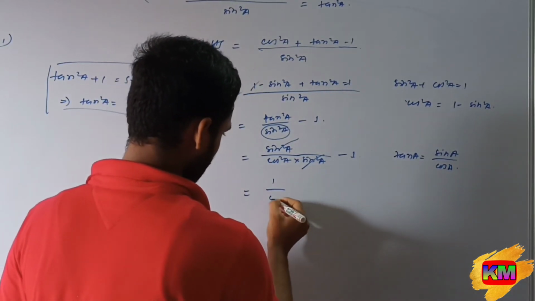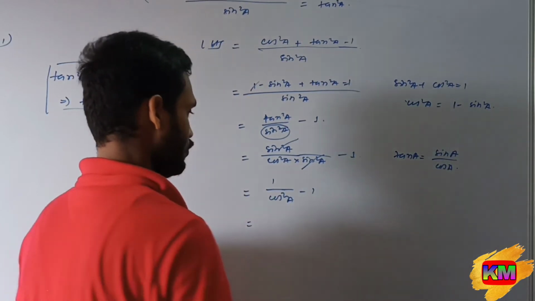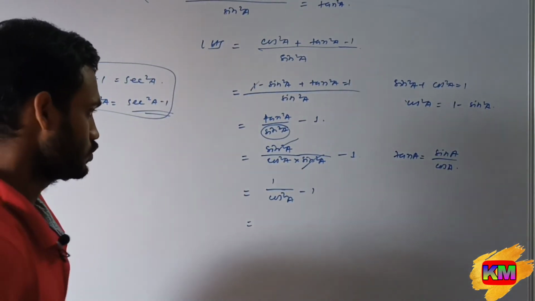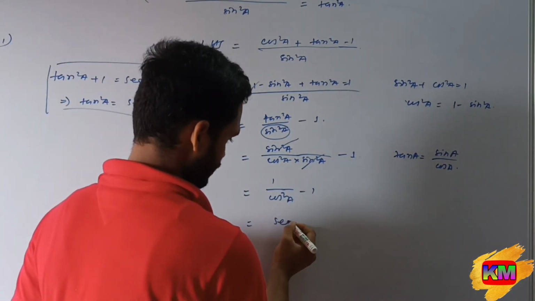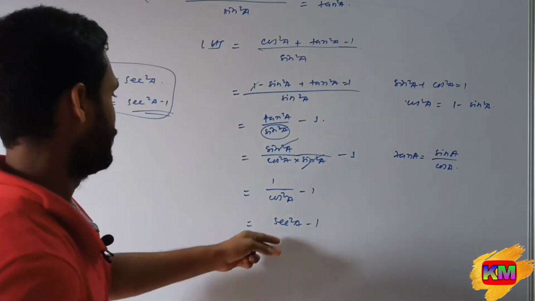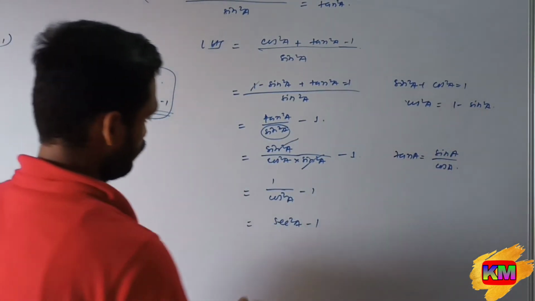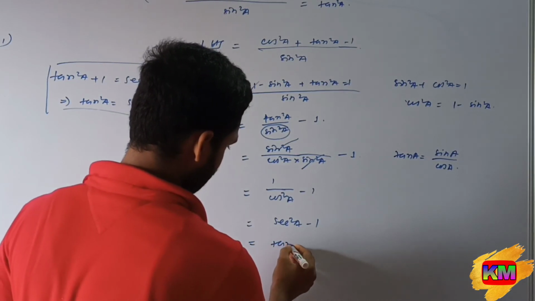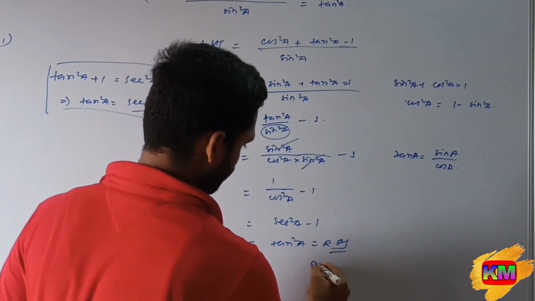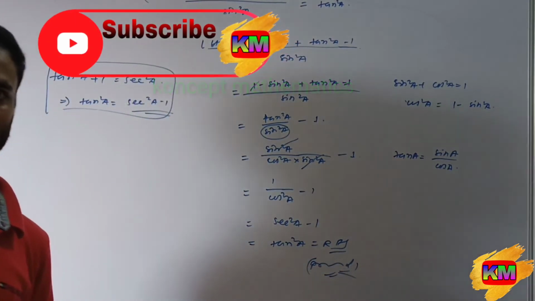So it will be 1 by cos square A minus 1. So we know that 1 by cos A equals sec A. So it will be sec square A minus 1. And we also know that sec square A minus 1 equals tan square A. So we can write it as tan square A, which equals RHS. Proved. Thank you very much.